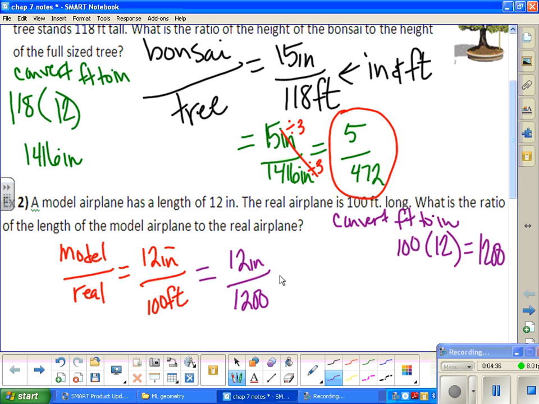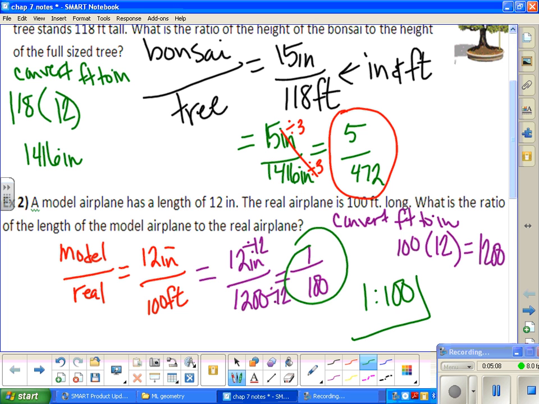And so from here you want to reduce, and 12 divides both of them. You end up with 1 over 100. And so my final answer is this, or you can write it as 1 to 100.